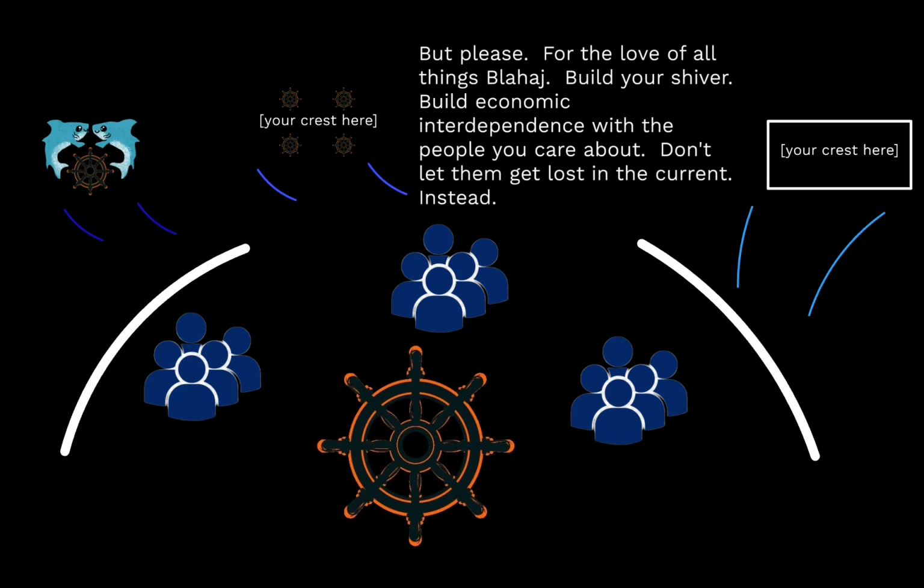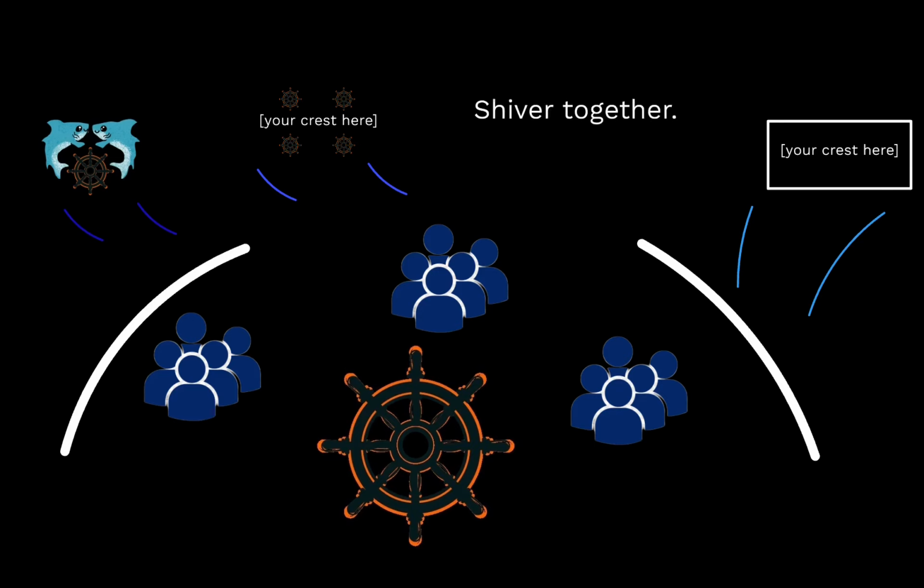But please, for the love of all things blue, build your shiver. Build economic interdependence with the people you care about. Don't let them get lost in the current. Instead, let's shiver together. That's our tagline for this platform, the Shiver platform.